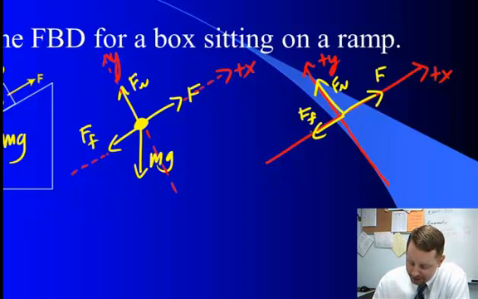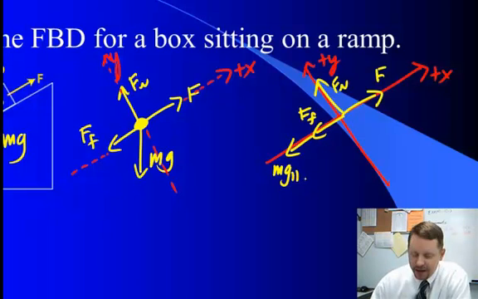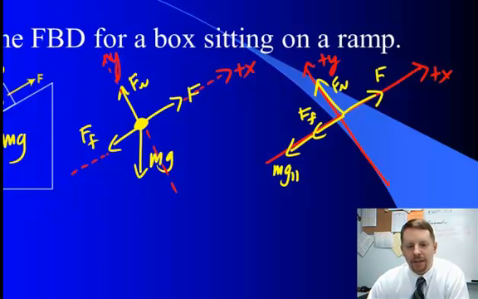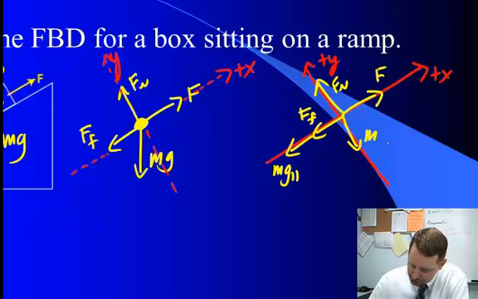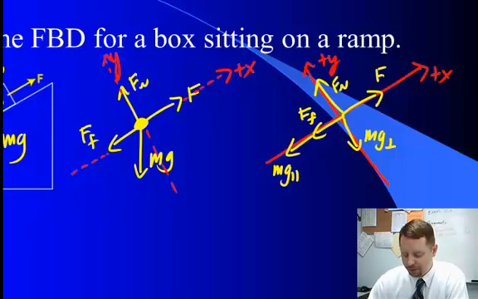We can do that by saying this piece of gravity, which we'll call mg parallel, is the component of gravity that's parallel to the direction of travel. And we'll also break that up into mg perpendicular, the component of gravity that's perpendicular to the direction of travel.